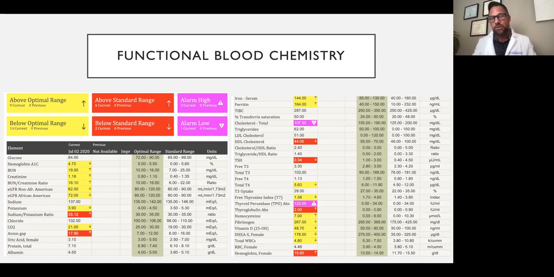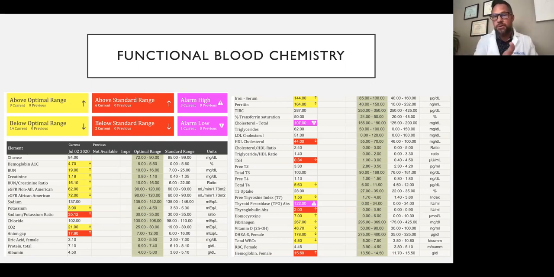Well, I'm skeptical about things being normal in your blood until we look at it from a functional blood chemistry perspective, because the blood ranges are based on 90% of the population as if they're healthy. But unfortunately, 90% of Americans are not healthy. In fact, about 65% of us have at least one chronic disease.